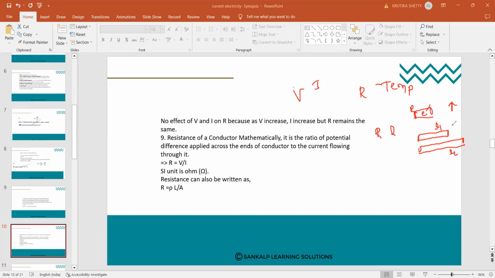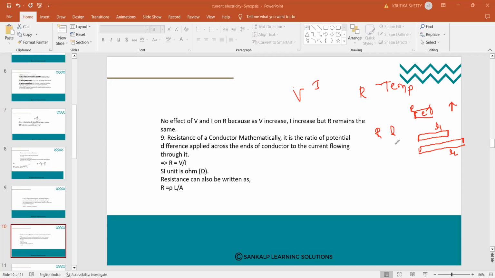Since L2 is longer, the number of electrons will be more, so automatically the electric current will also be more here.